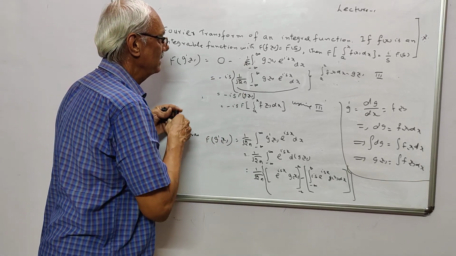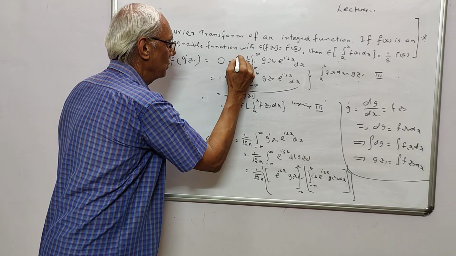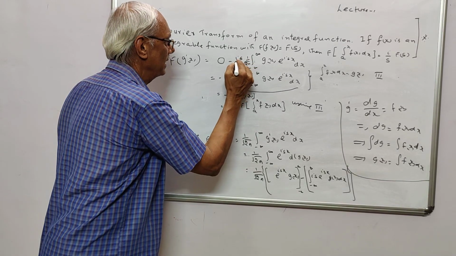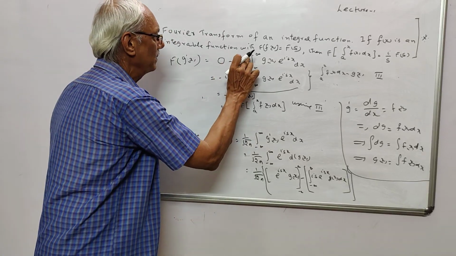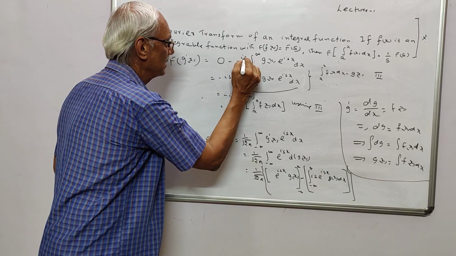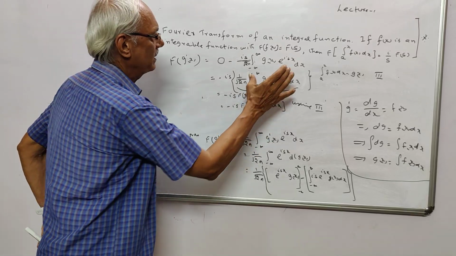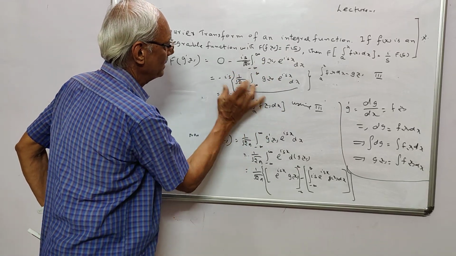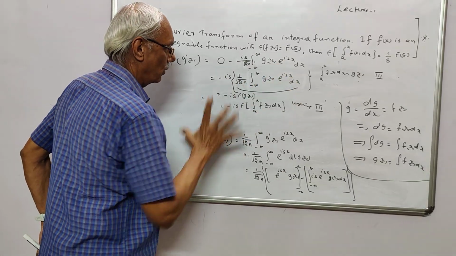It is square root of 2 pi into is, so is into 1 by is. See, is divided by square root of 2 pi. But this I write as minus is, I take it outside and write the whole lot here.